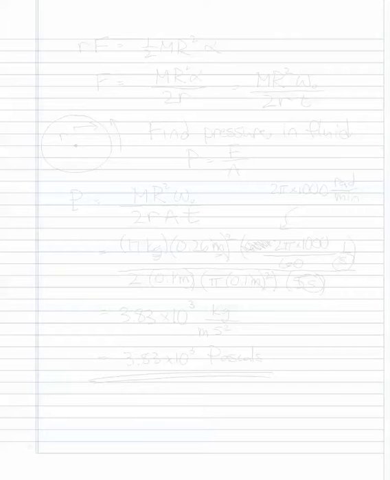Okay, so we'll turn the page here and do that. And what we find is that, I'll rewrite the one from the previous page because I can't see that now. So this is 1/2 mr squared alpha. So that means the force is equal to mr squared alpha all over 2r.